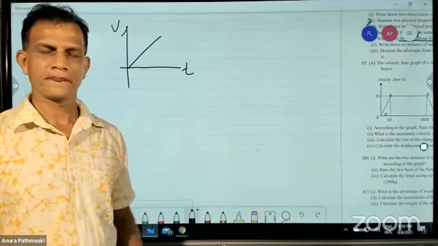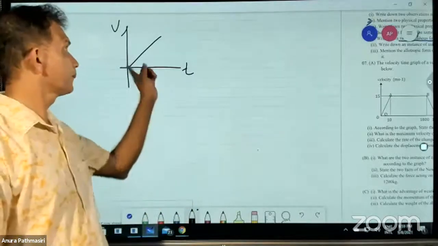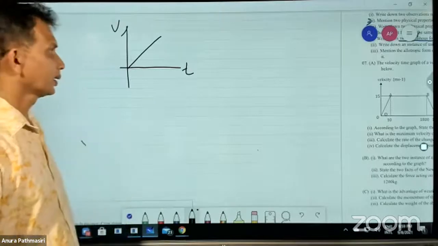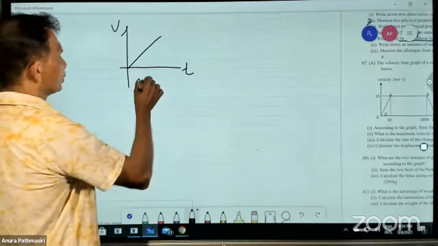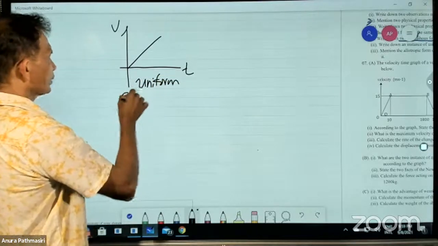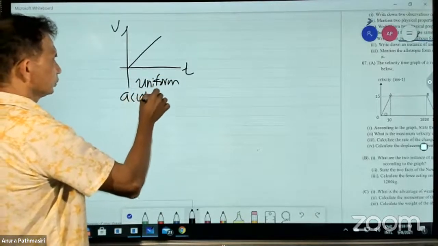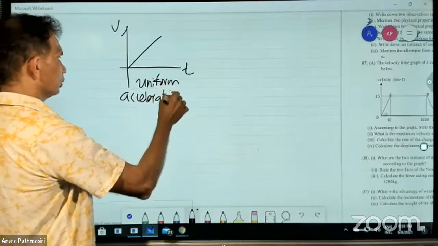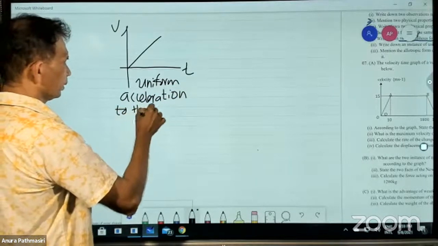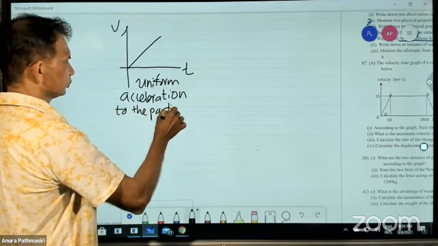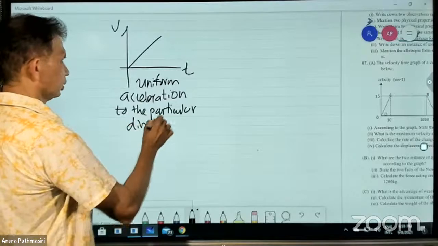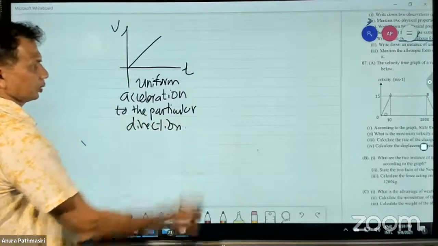Constant velocity. This is uniform acceleration, uniform acceleration in the particular direction.